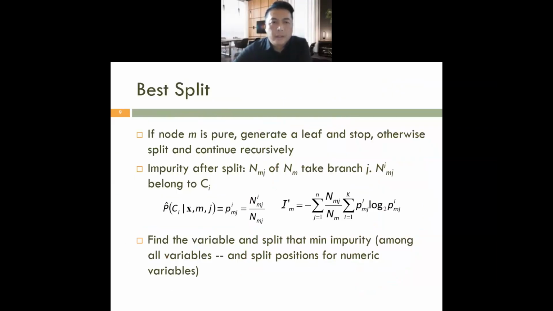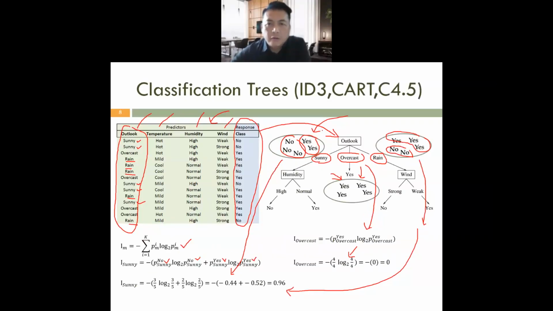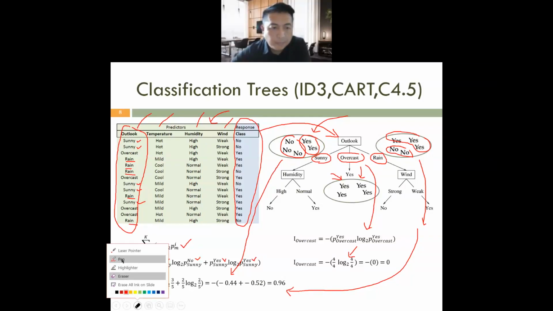In order for us to decide which attribute is best used to split your data, we must be able to compute the total impurity. We have one portion here, the second one here. Let me use a different color. We need to join these values.